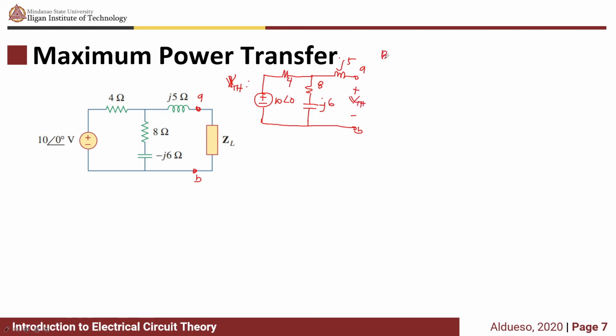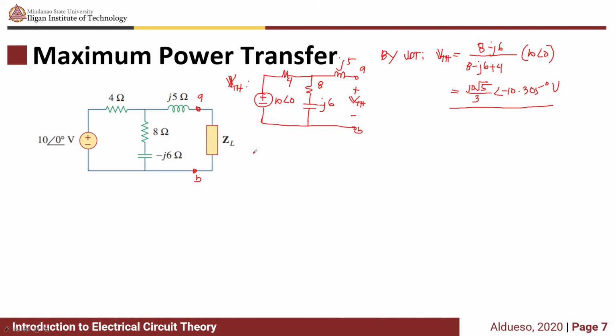So by voltage division, our VTH is equal to (8 − j6)/(8 − j6 + 4) times 10. So we have VTH equal to (10√5)/3 with angle −10.305° volts.